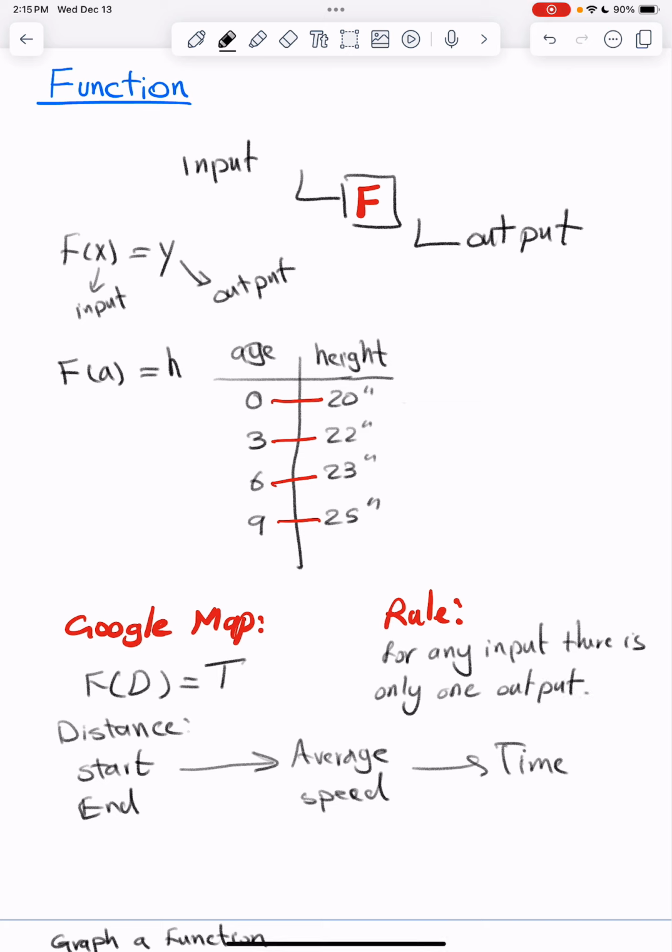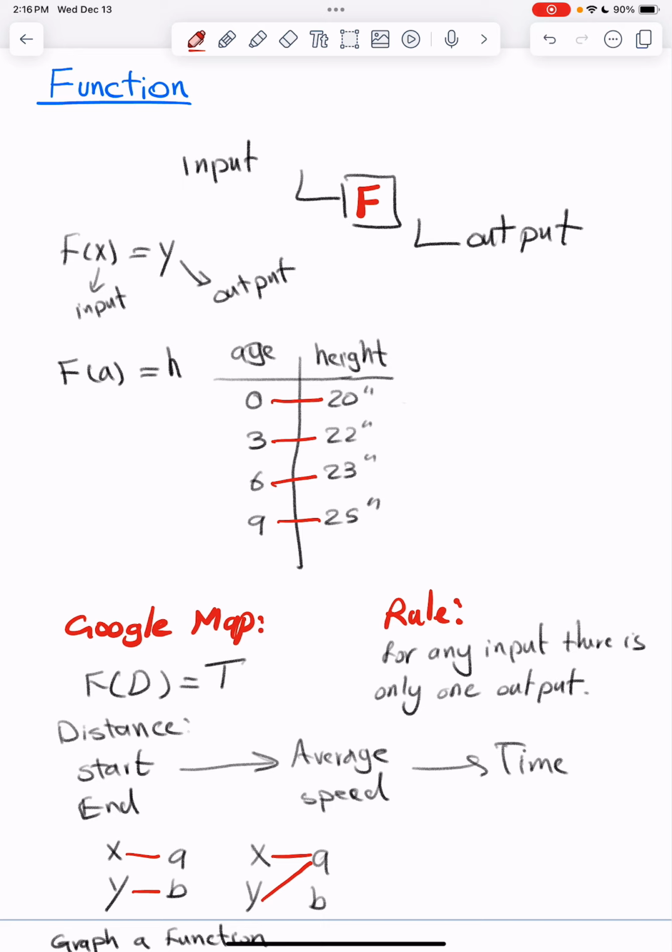What does that mean? For example, if you have x and y, and a and b, and this is how your relationship looks. Is this a function? The answer is yes.